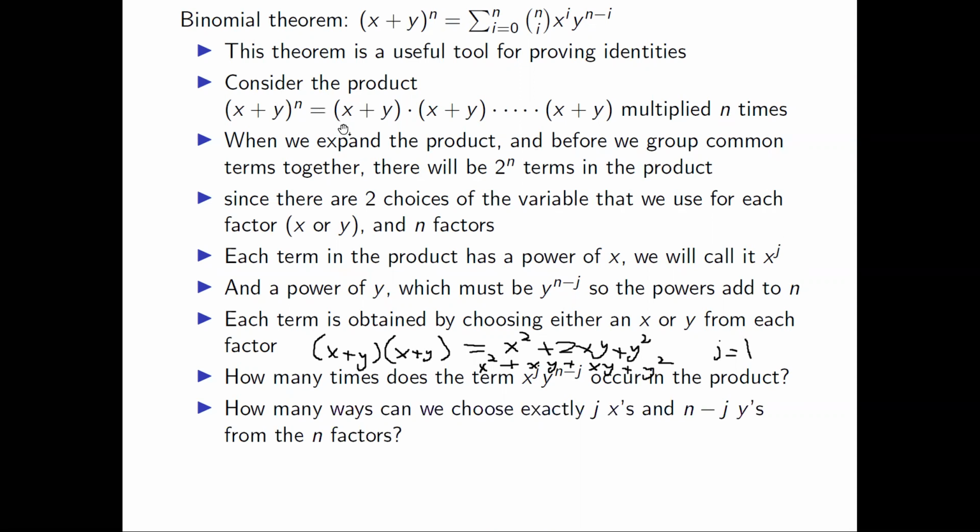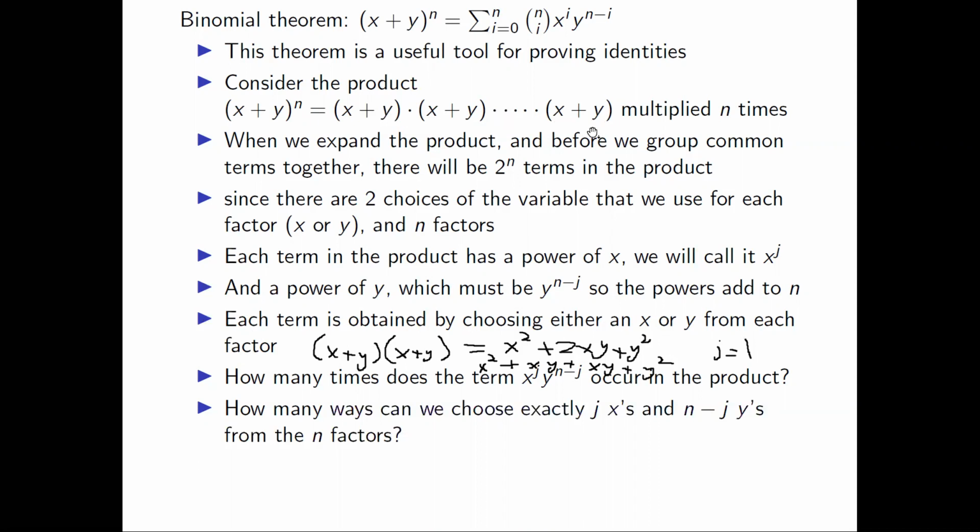So when we look at these n factors up here, and from each factor, like I mentioned in this third to last bullet right here, each term only uses one variable from each factor. So how many ways can we choose j x's from these factors and then use the n minus j y's from the remaining factors?